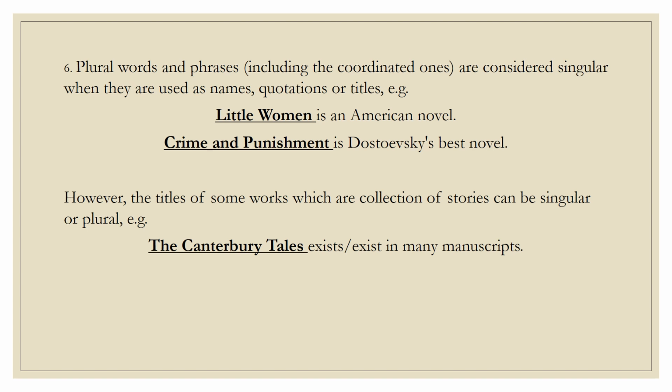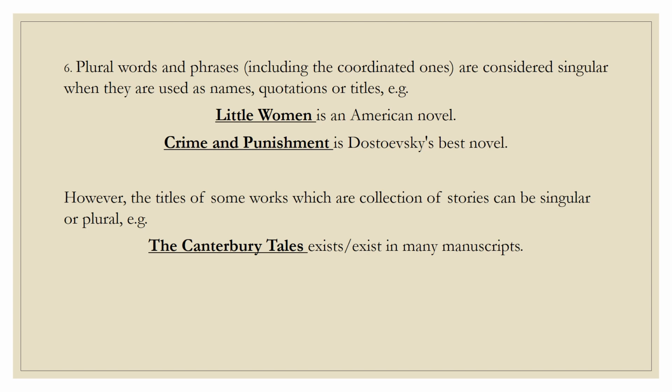But in this sentence that we can see here, "Crime and Punishment is Dostoevsky's best novel." Although we have two nouns joined together, coordinated by "and," we say that these make a singular subject, and we should use a singular verb with them.